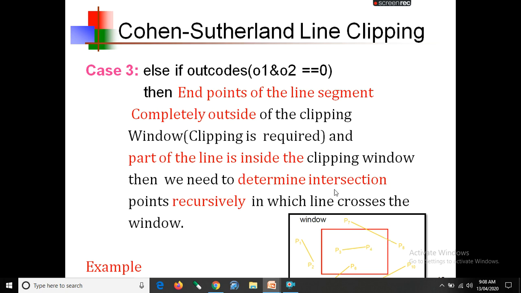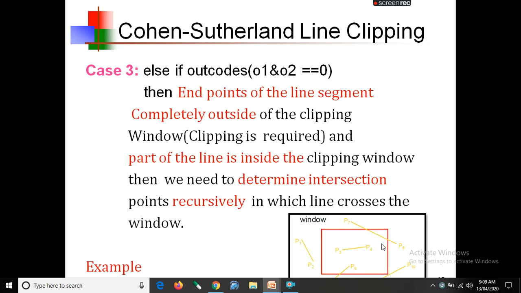With respect to case 3, which line has two endpoints outside the clipping window but part of the line segment inside it? As you can see, P7 to P8 is the example where both endpoints lie outside the clipping window, but part of the line segment lies inside.